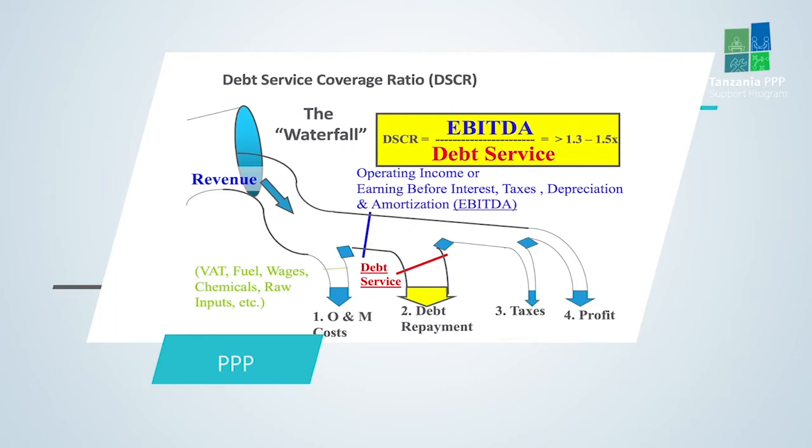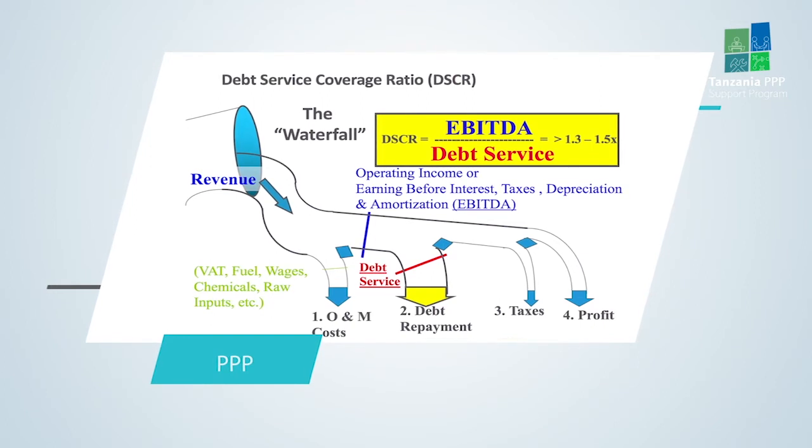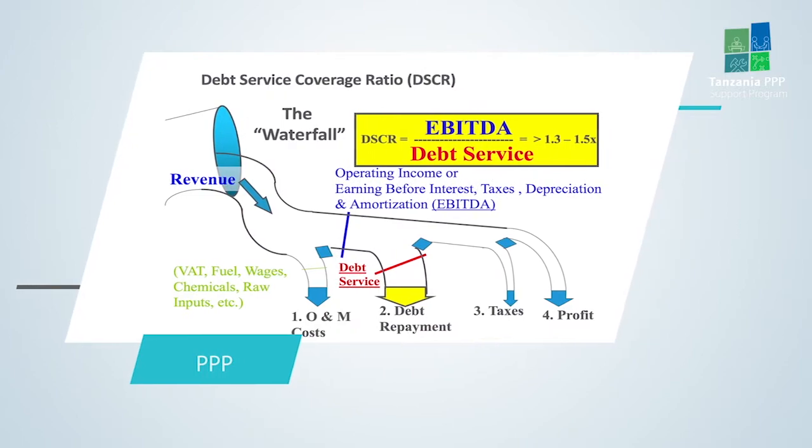And we'll come back to this in a couple of minutes, but I'll ask you a question here that oftentimes lenders are looking for a minimum in that ratio of at least 1.3 to maybe 1.5. It varies from sector to sector and project to project. But they don't want to see a ratio of just 1.1 to 1. Show me that for every $1 of debt service you owe me, that you've got $1 here. I want to see a margin or a cushion.